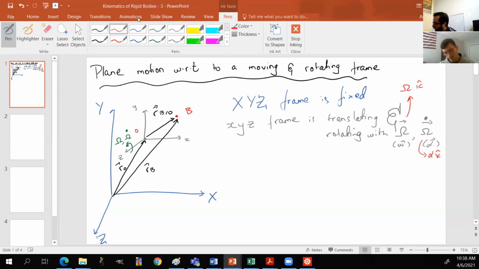All right, favorite thing, start off with the position vectors, right? We have that R of B relative to O is equal to RB minus RO.